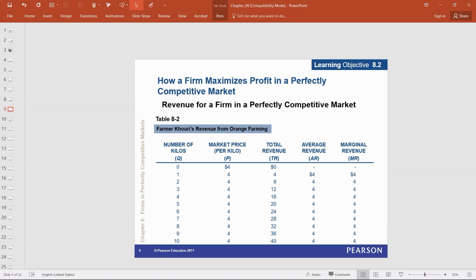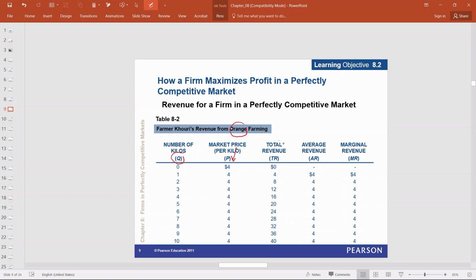Here is one table that represents data for a firm that is producing and selling oranges. These are the amount sold or quantity sold. This is the price, and as you notice, the price is fixed because this firm cannot have any control over the price.